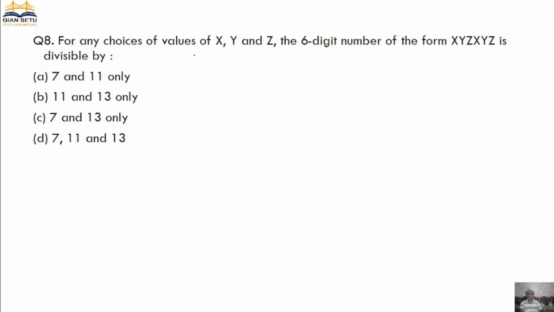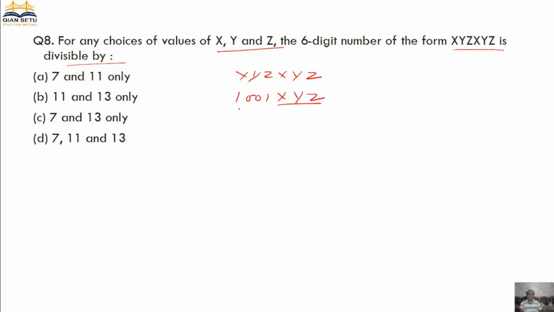For any choices of values of x, y, z, the 6-digit number of the form x, y, z, x, y, z is divisible by. Now the given number is x, y, z, x, y, z. Now we can also write this number as 1001 into x, y, z.